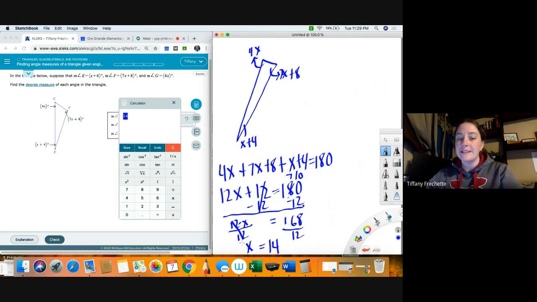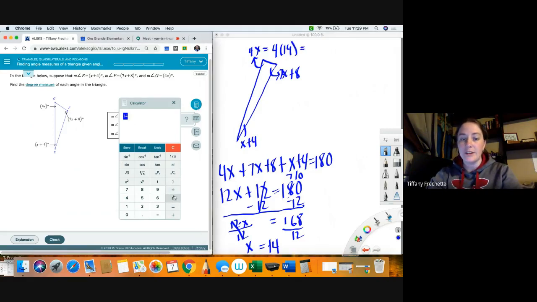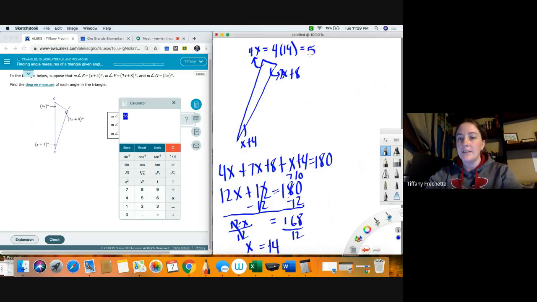So remember, they didn't ask us what is x. They're asking us what all the angle measures are. So we need to go back in here and plug in x. So we have 4 times 14, and 14 is already in here. I'm going to hit times 4 equals, we get 56. And then for this one, we have 7 times 14 plus 8.